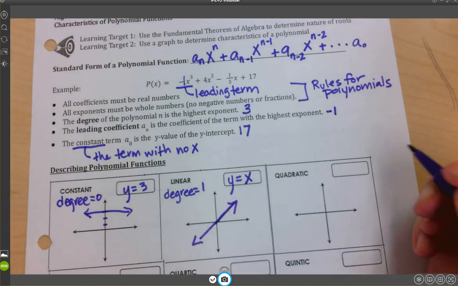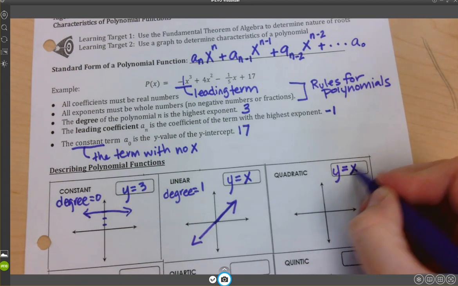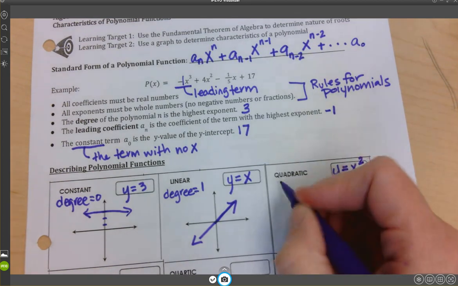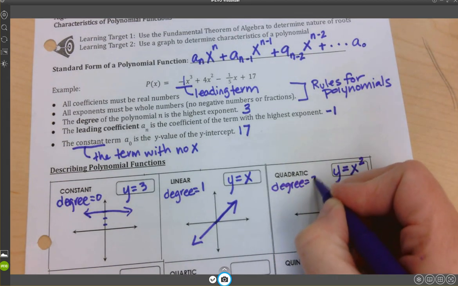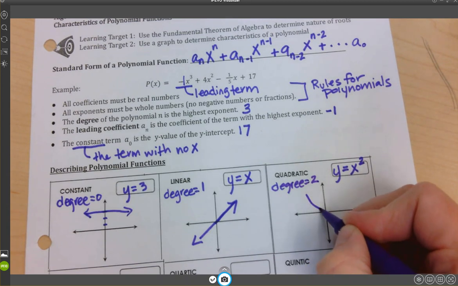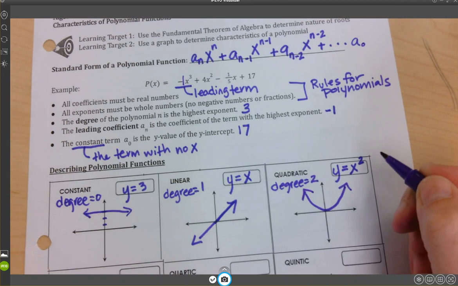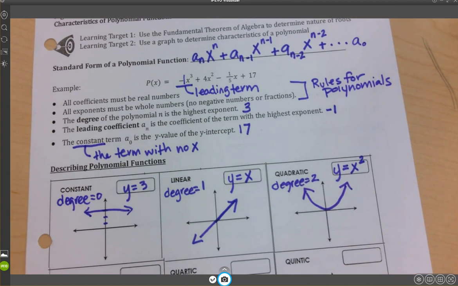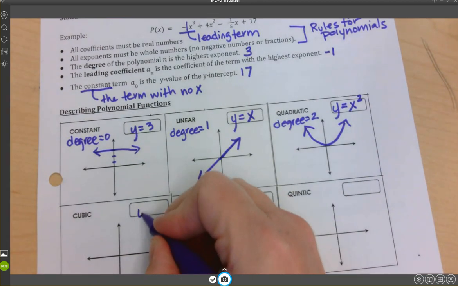Okay, a simple quadratic function is just y equals x squared. So because of that too, your degree is 2. And remember, that looks like a parabola shape. And similarly, a very easy cubic equation is y equals x to the 3.